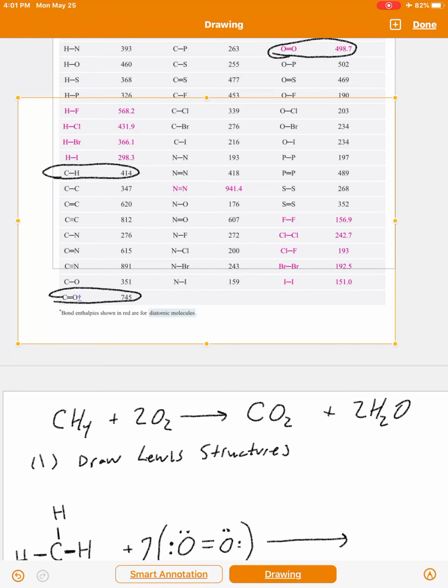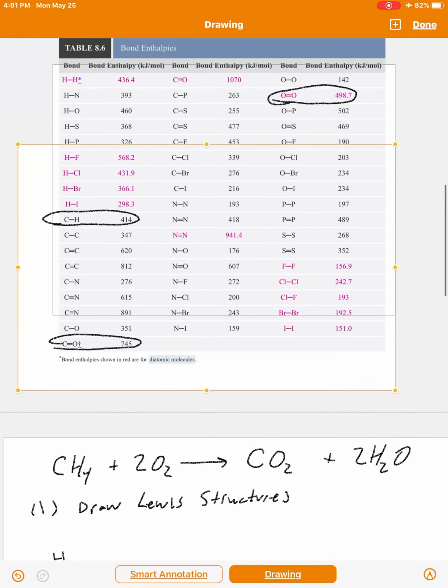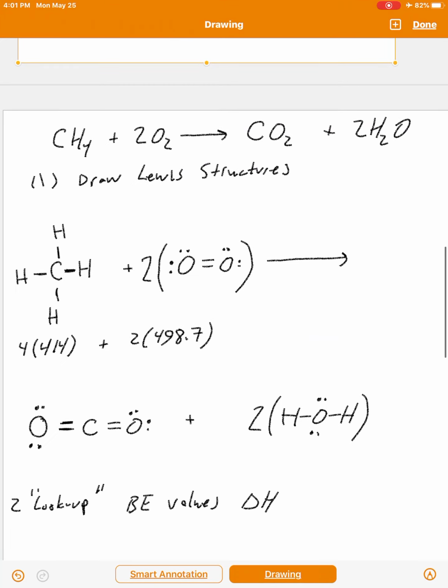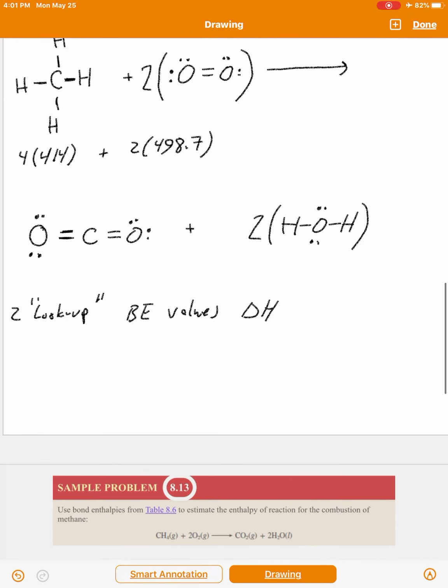C double bond O, 745. I don't see any other COs in there. You just have to be careful with the CO. There's a C triple bond O, that's different. There's a C single bond O, that's different. And that one looks like it's 745, okay? Now there's that double bond, so 745. But there's 2 of them. There's 1 there and there's another one there, so that's times 2.